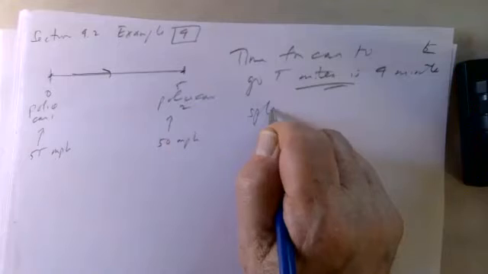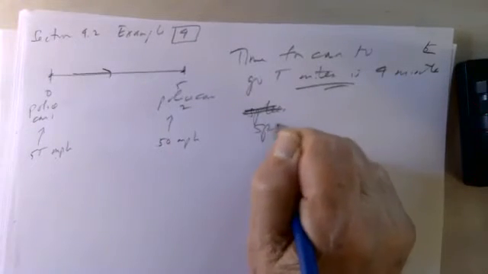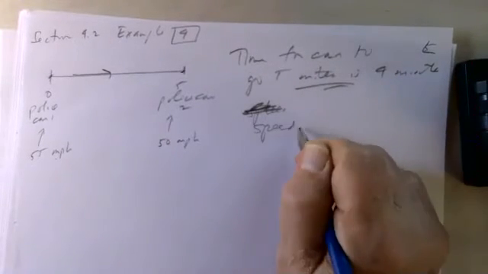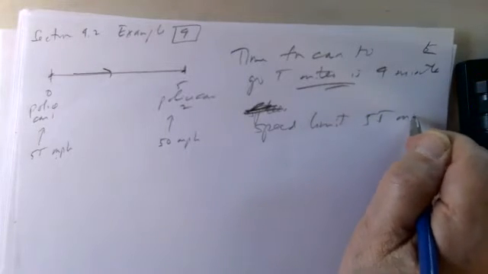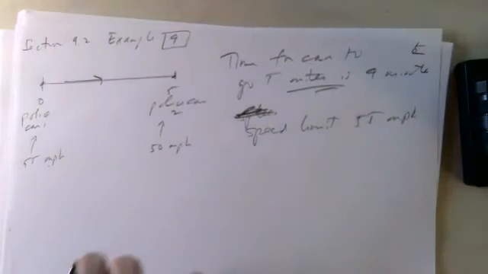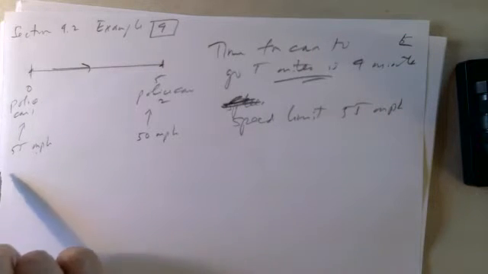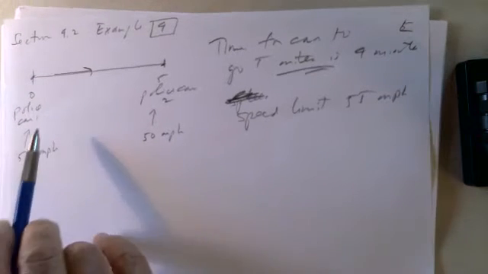And the speed limit on this road is 55 miles per hour. So the speed limit is 55 miles an hour.